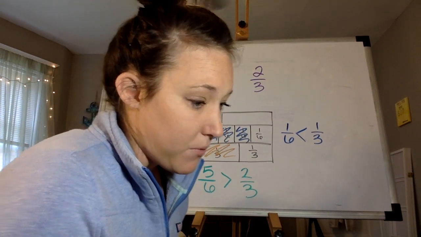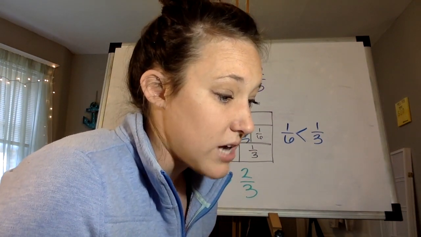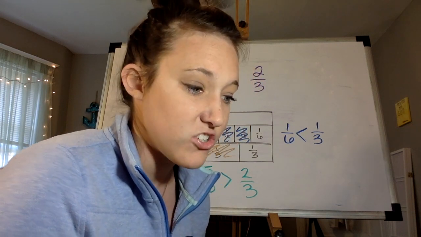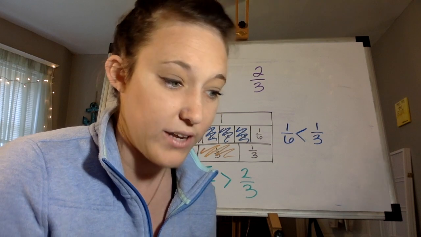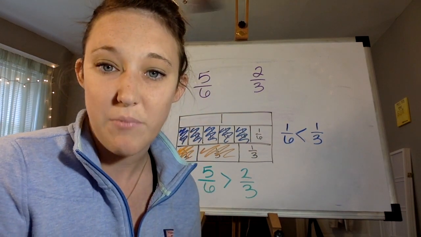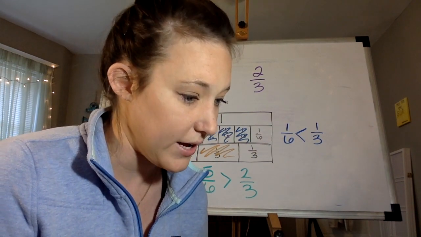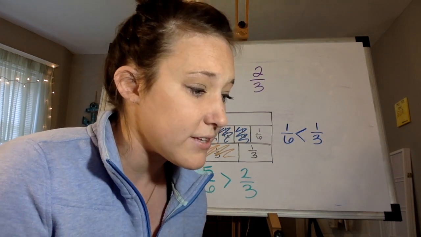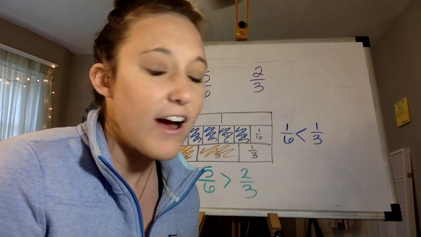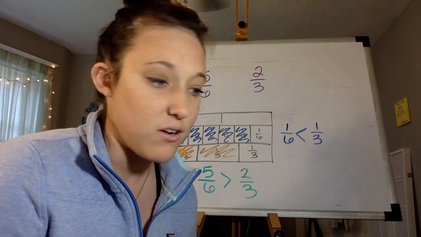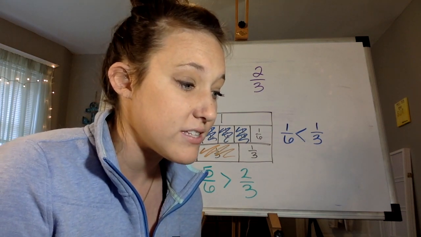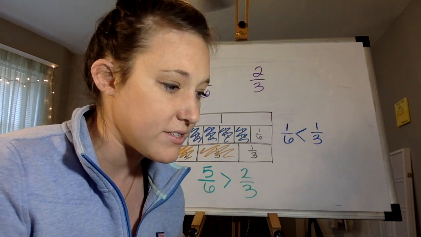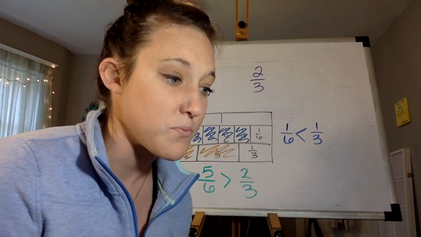So that's one example. Another example is when the denominators are the same. Okay, so 3/8 and 5/8, you're just comparing the numerators. 3 is less than 5. 3/8 is smaller than 5/8. Okay, and then the third example is when we're comparing fractions that have the same numerator. Okay, so the numbers that are the numerators are the same. Look at the denominators 6 and 8 to be able to compare the sizes of those parts.